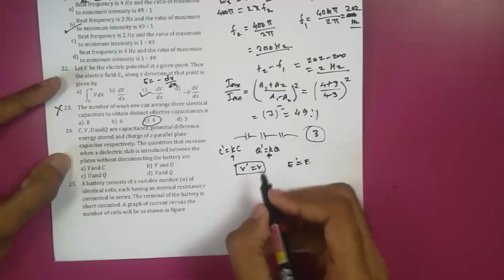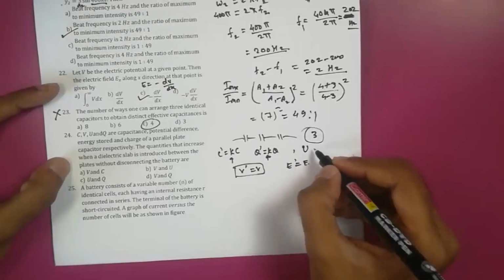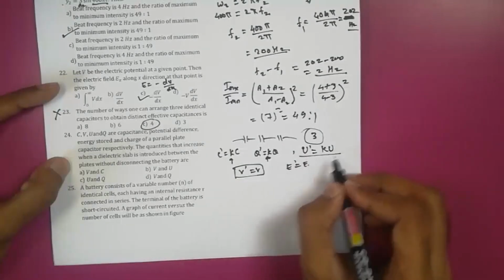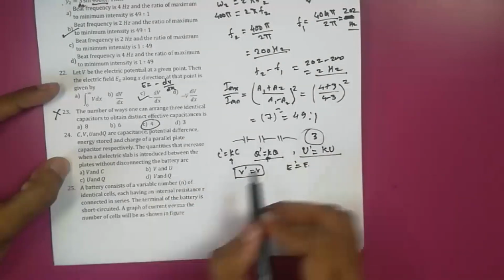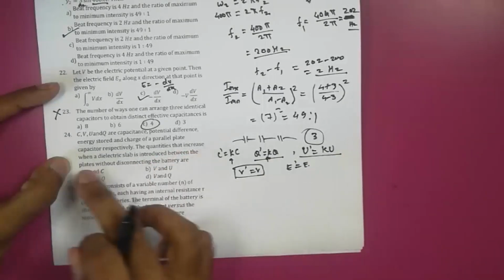And also let's talk about the energy. The energy stored in the system will also change. So if all of them are changing, we can say which one will increase. We need to find the quantities that increase when the dielectric slab is introduced between them.